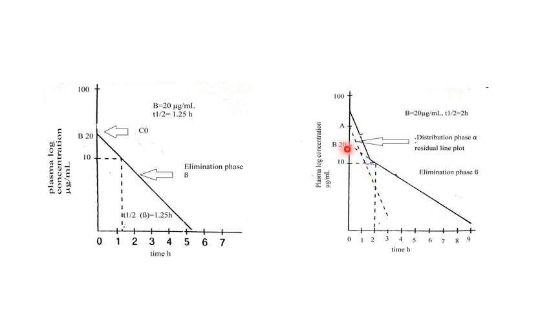This is the maximum concentration, half of it is 10, and when we meet this point with the curve and draw a line towards the x-axis, we reach a point that is 2, and it is the time. It means it is 2 hours. So in this case, the half-life is 2 hours, and in this case, the half-life is 1.25 hours. It means these are the times at which half of the concentration of the drug was present inside the body.